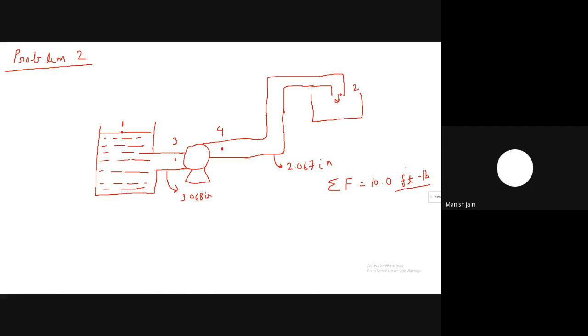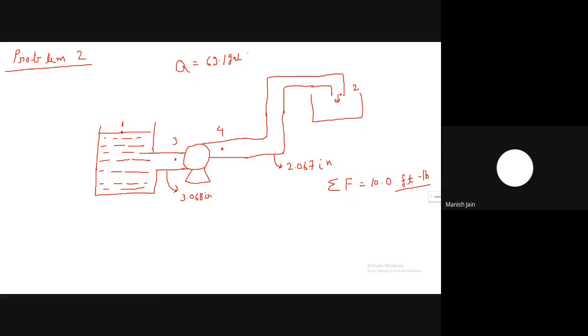Now the flow rate is given in terms of volumetric flow rate Q. Because this is a single line, the volumetric flow rate will be constant, but the cross-sectional areas are different, so you have different velocities at point 3 and point 4. The volumetric flow rate is 69.1 gallons per minute, given in the FPS unit.